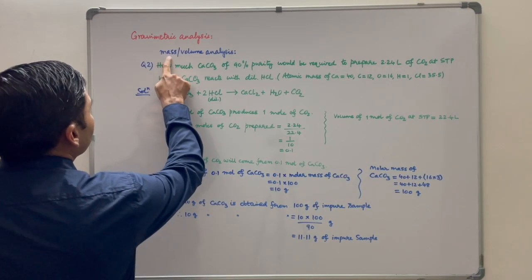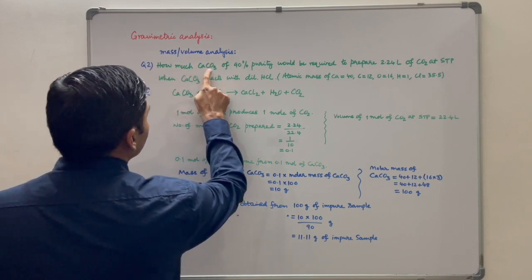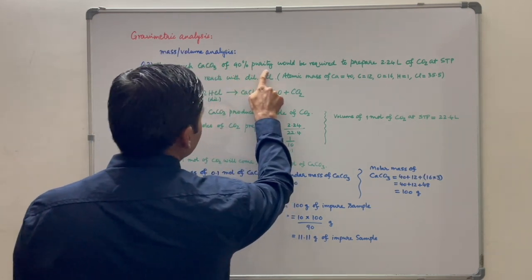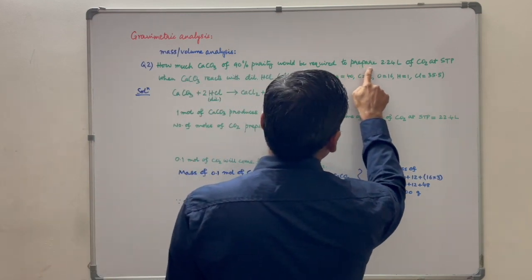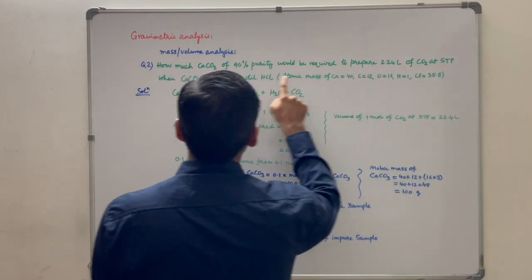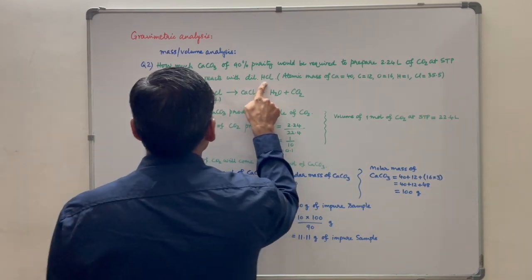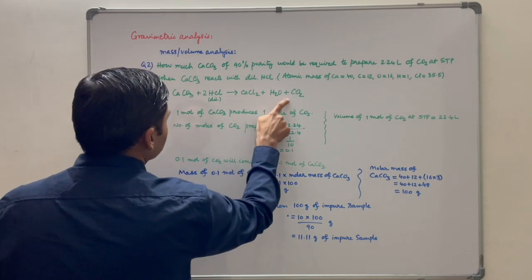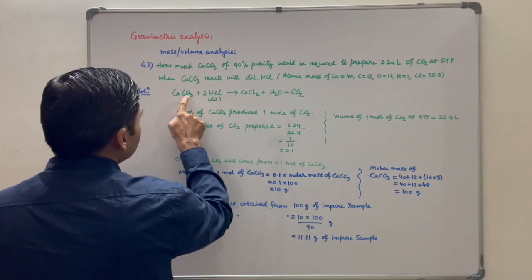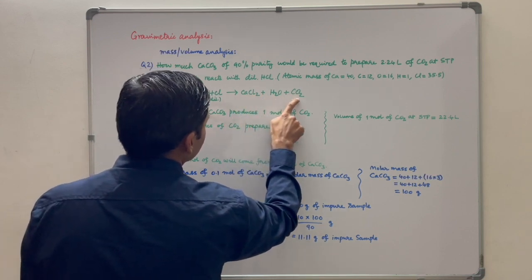Now let us see mass-volume analysis. Question: how much calcium carbonate of 90% purity would be required to prepare 2.24 liter of carbon dioxide at STP when calcium carbonate reacts with dilute hydrochloric acid? The balanced chemical equation is given by CaCO3 plus 2HCl makes CaCl2 plus H2O plus CO2.